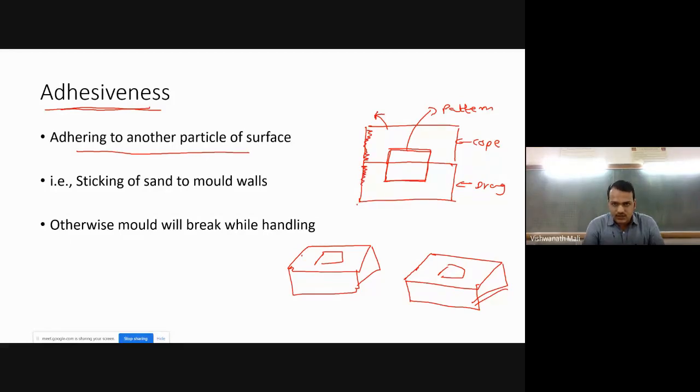It should stick to the molding walls. Adhesiveness means the ability to attach to other surfaces. Here is our molding sand and this is our wall. It should adhere to these walls so that while removing the pattern, the molding sand does not fall. Otherwise, your mold may break. That is the property of adhesiveness.